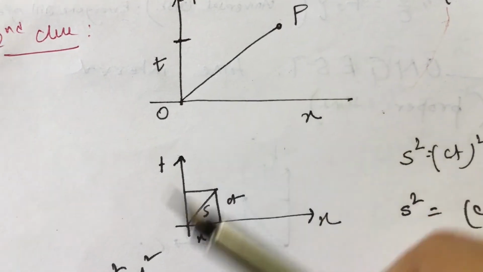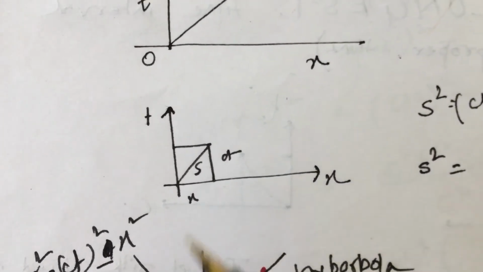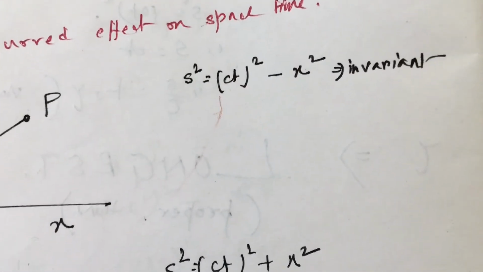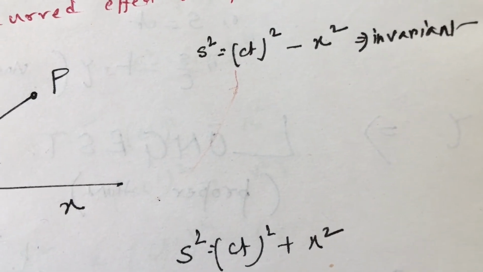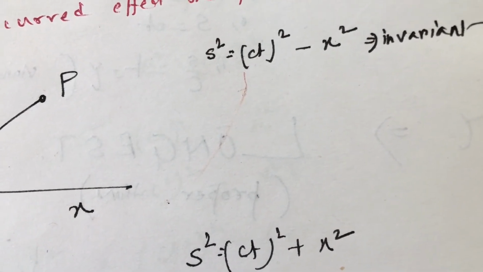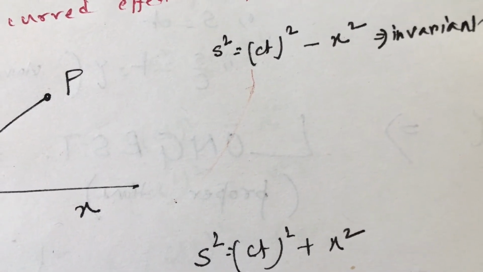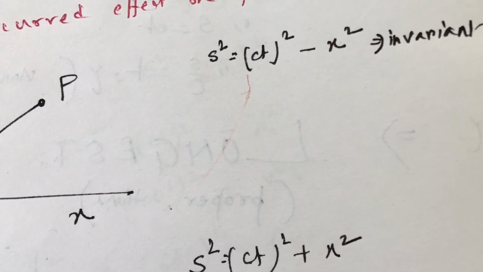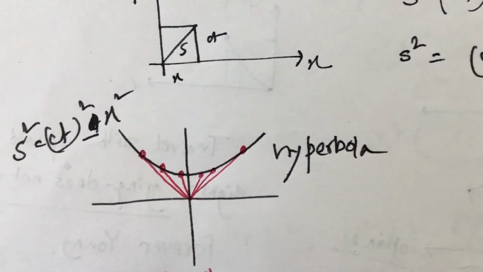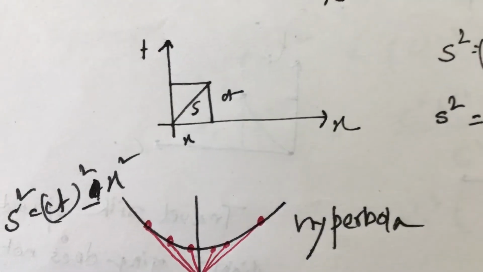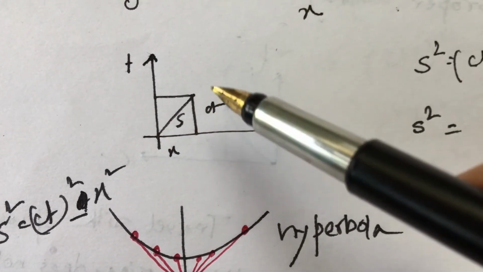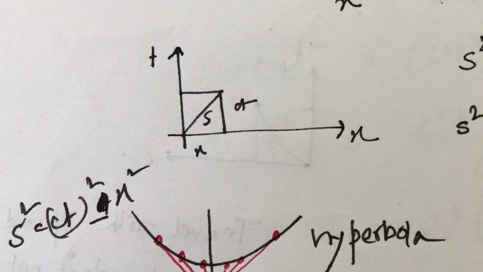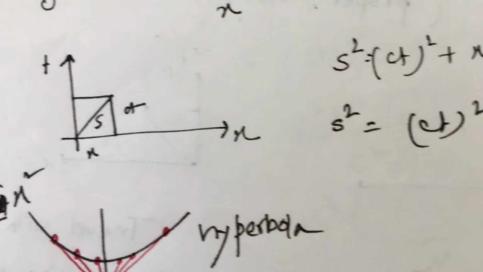So for this type of travel, if I plot it like this, s is actually a distance because ct is speed into time, which is distance, x is distance itself, so distance square minus distance square is distance square, so s square is distance square, so s is a distance. For this type of situation, if s is the distance from origin to the final point, then applying Pythagoras theorem, we could easily write that s square equal to x square plus c square t square, like this.